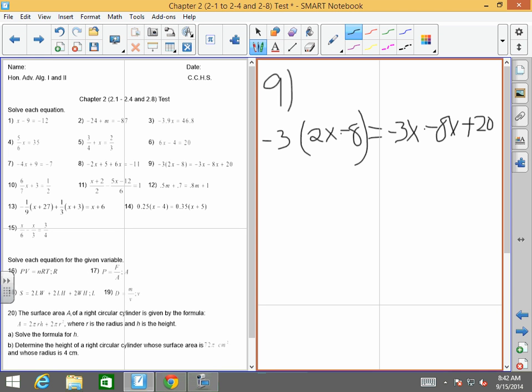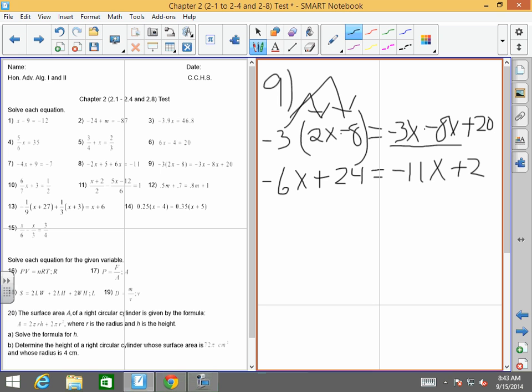Okay, guys, first you've got to let the prisoners out of jail, right? You've got to undo the distributive property first. So you have to distribute this negative 3, gentlemen, to these two guys. So this is going to leave you with negative 6x plus 24 equals negative 3x minus 8x, which is negative 11x plus 20. Yes, sir.